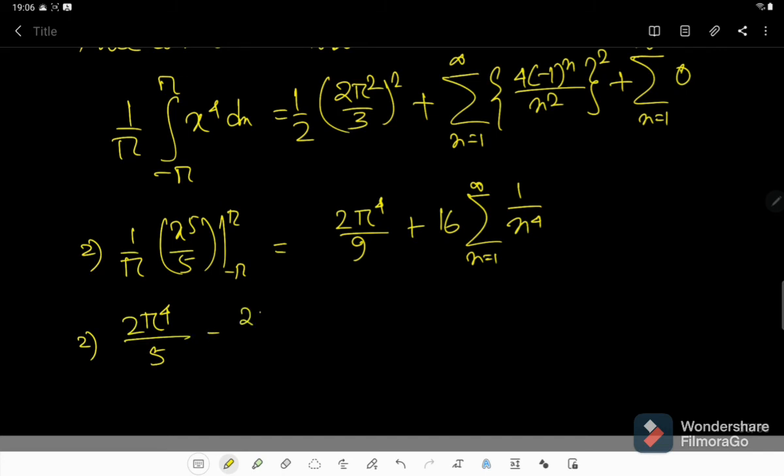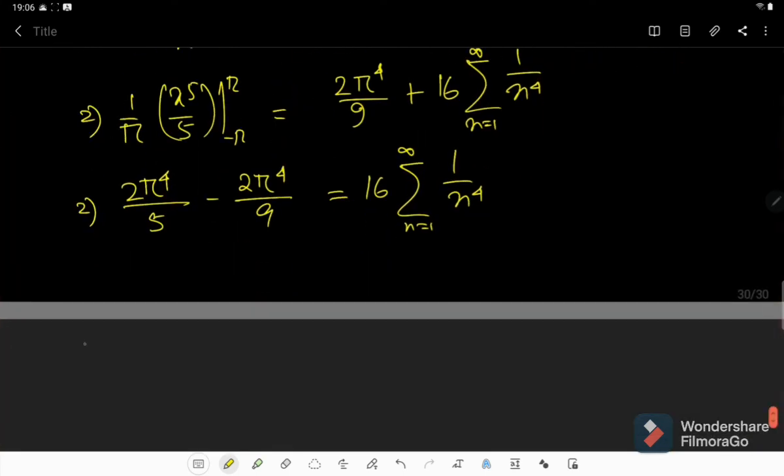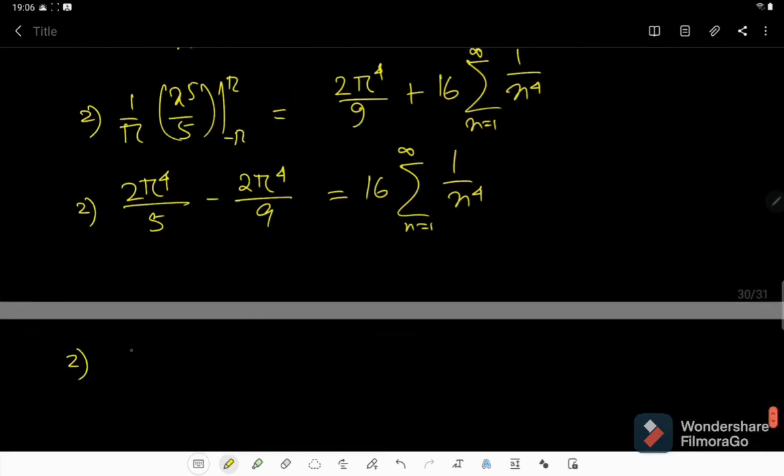So let's change the side, equal to 16 times the sum of 1 by n to the power 4, and this, or pi to the power 4 by 45.